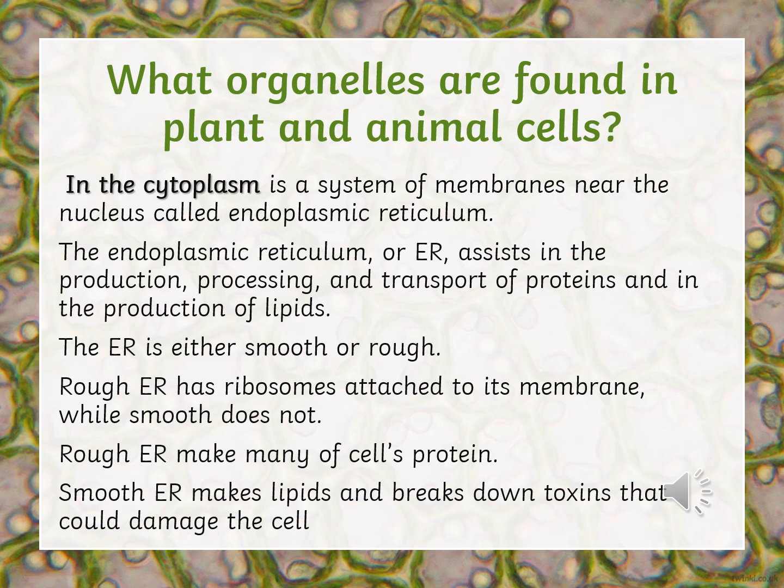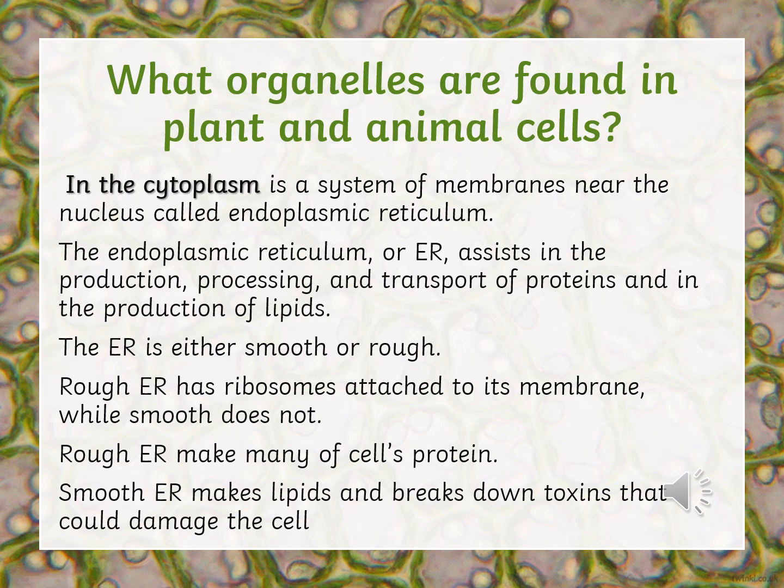There are two types of endoplasmic reticulum: rough endoplasmic reticulum and smooth endoplasmic reticulum. So what is the function of the endoplasmic reticulum? It assists in the production, processing, and transporting of proteins and the production of lipids.